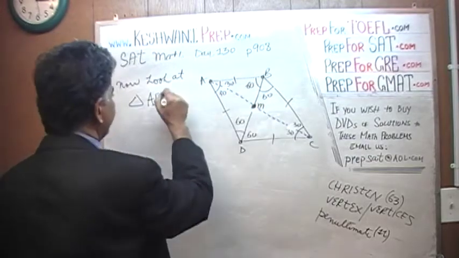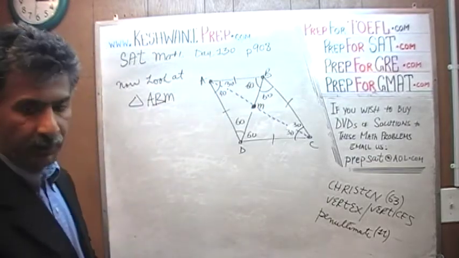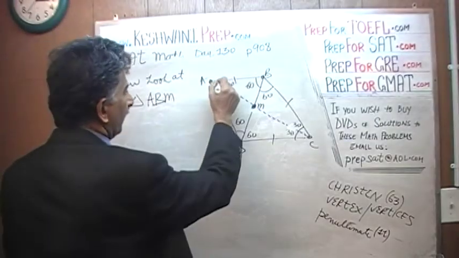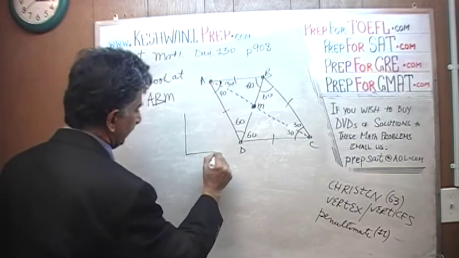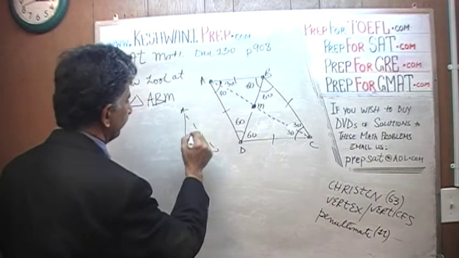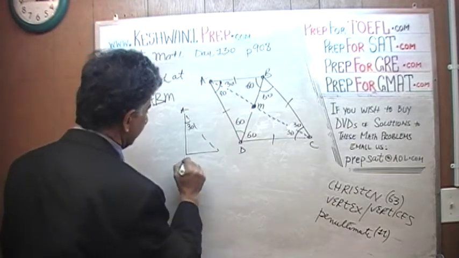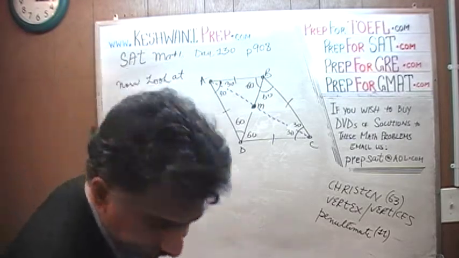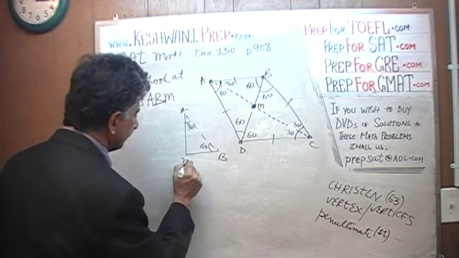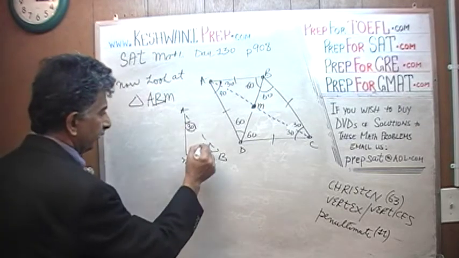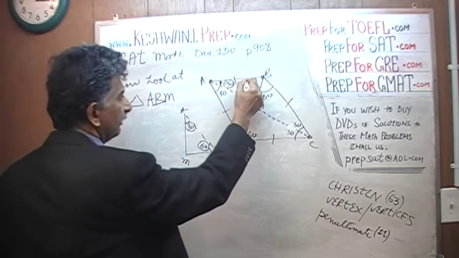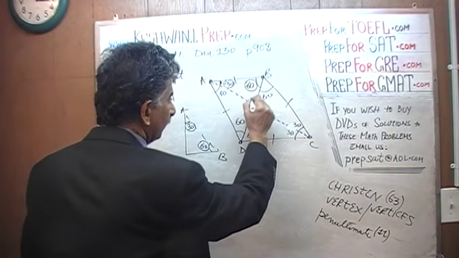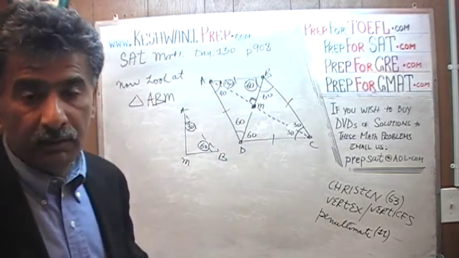Triangle ABM. I want you to look at triangle ABM. Just keep listening carefully. In triangle ABM, this angle is 30. Just draw it here: this is A, this is 30, this is B, which is 60, and this is point M. If this is 30 and this is 60, then 30 plus 60 is 90, which means this angle would have to be 90 also, because the sum of the angles in a triangle is 180.